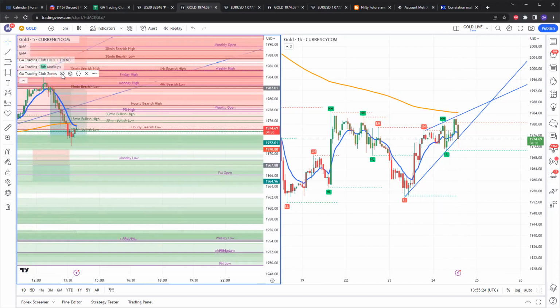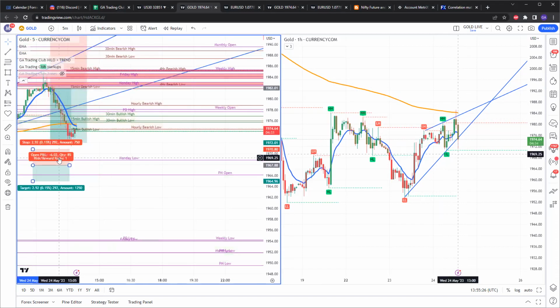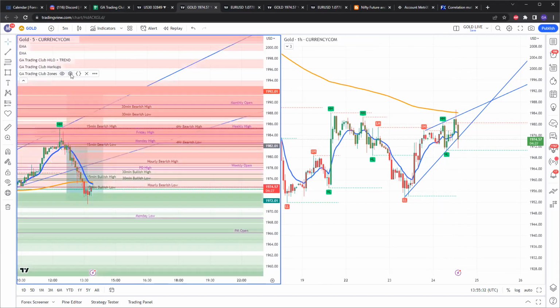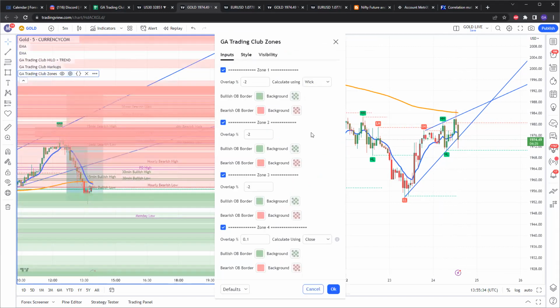The last thing I want to talk about before we start looking at trades: in the zones part, you might get a study error, because this indicator includes thousands and thousands of lines of code. Right here, if I change this to either zone 2 or zone 1, you can't go beyond the value of 1.